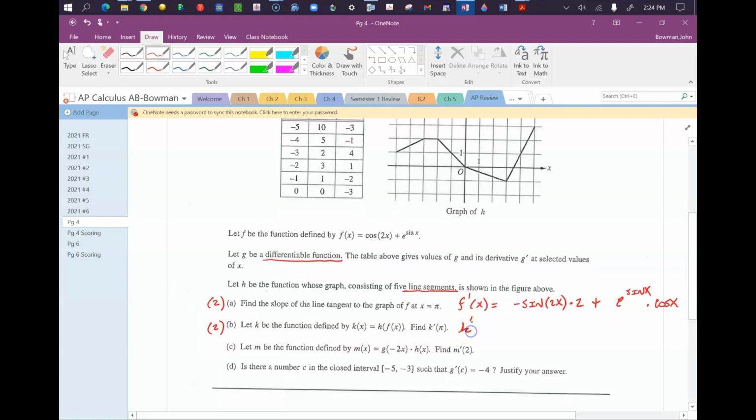So k prime of x is going to be equal to, using the chain rule again, h prime at f of x times f prime of x, the derivative of the outside evaluated at the inside, times the derivative of the inside. Now we need to plug in x equal pi and evaluate f of x and f prime of x, and then h prime of f of pi.